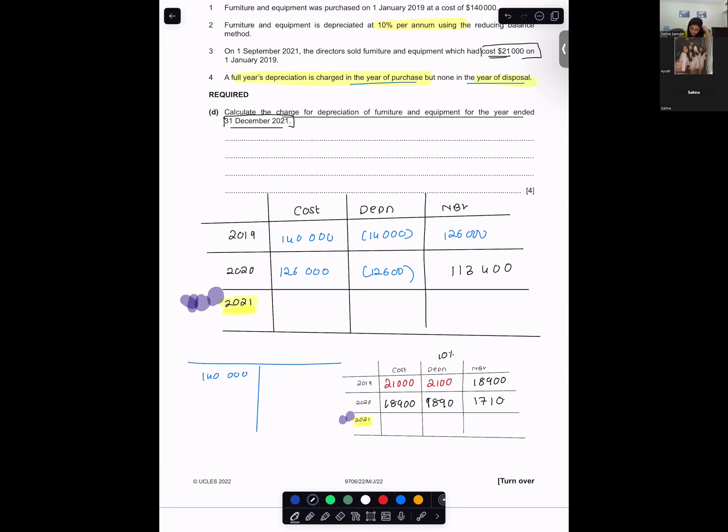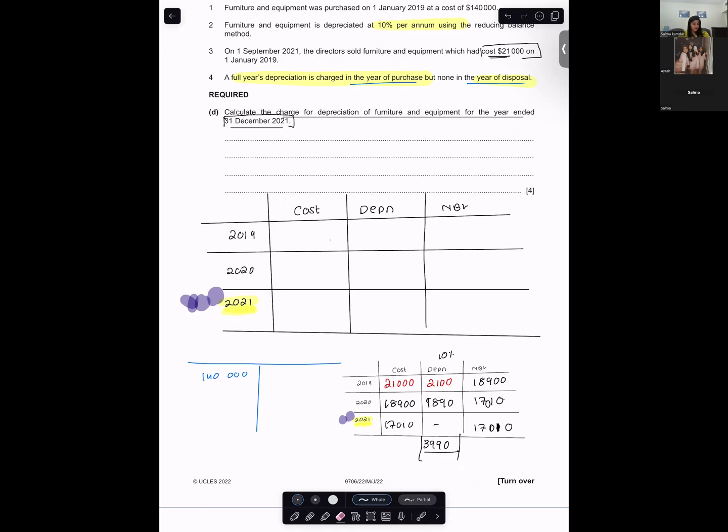So 17,010 is the net book value of the asset that you've sold, right? What is the accumulated depreciation of the assets sold? It is 3,990. So this we will make for the remaining assets.